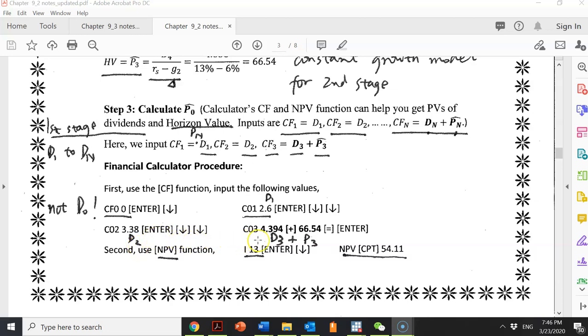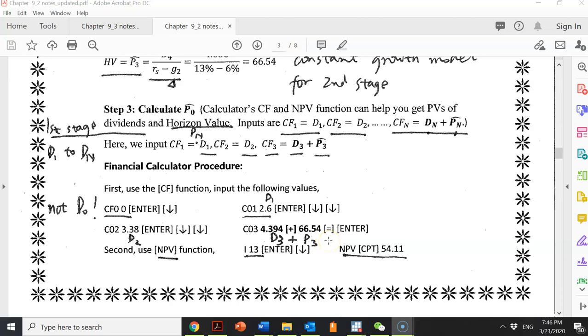Cash flow 3, we input D3 plus P3. Again, cash flow 3 means the cash flow that occurs at time 3. We have two flows here, D3, 4.394, and P3, 66.54. So we add them up.